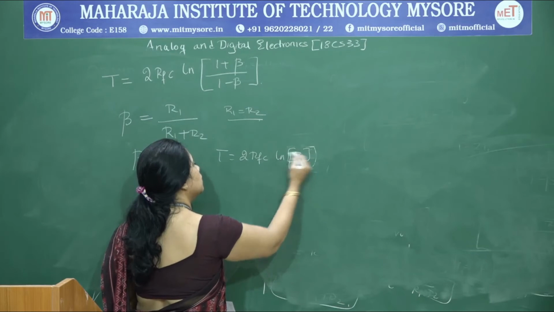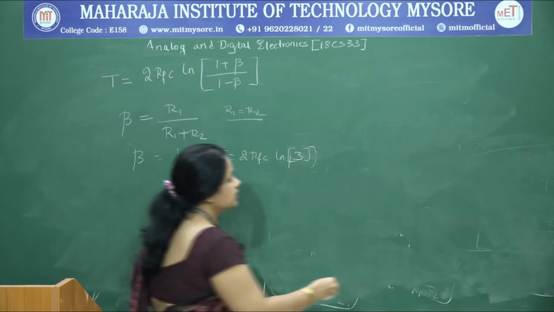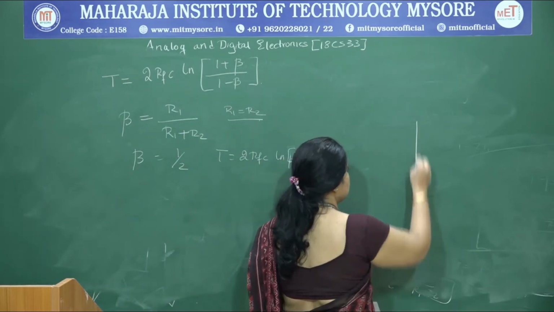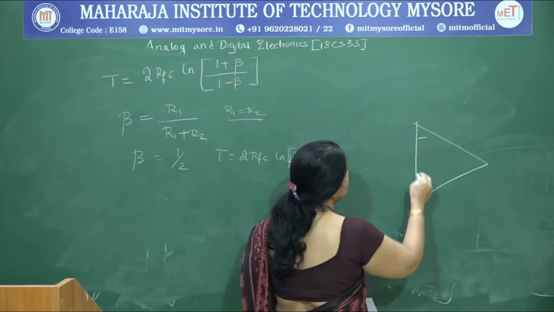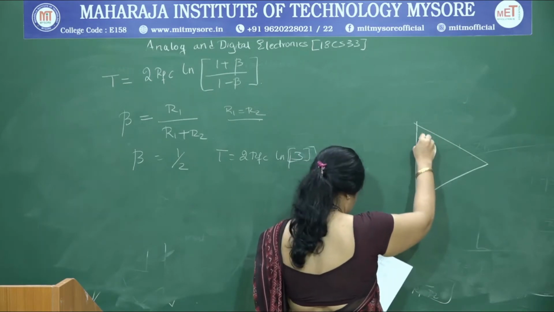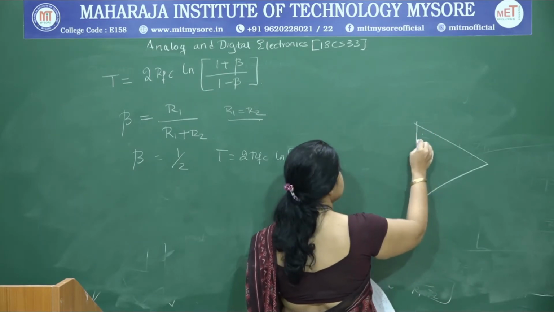Just to recall the circuit of the relaxation oscillator, we have a circuit something like this.